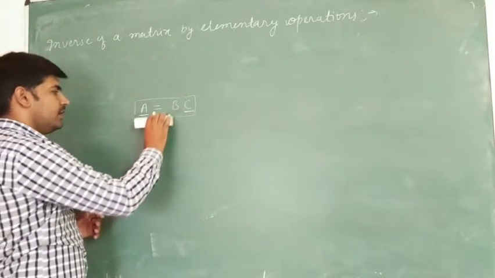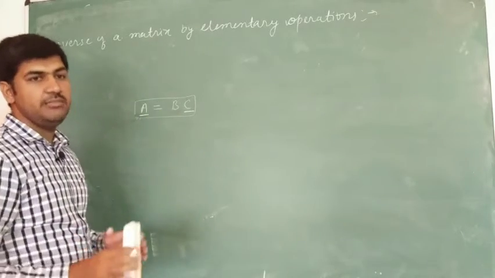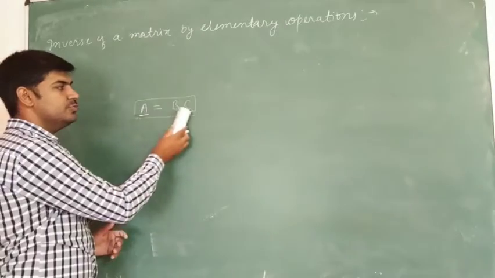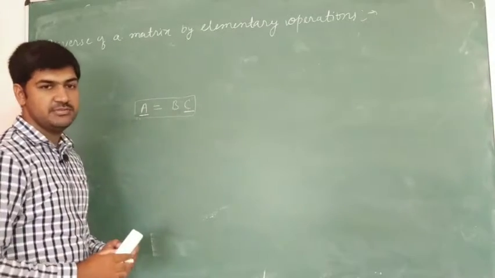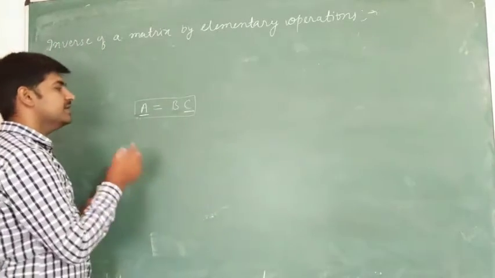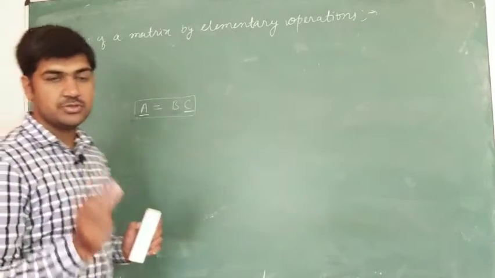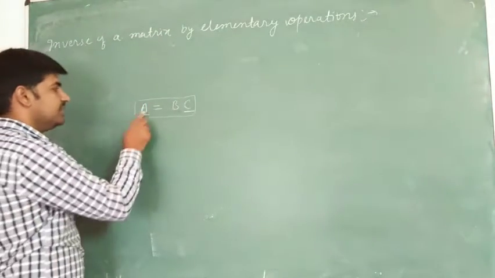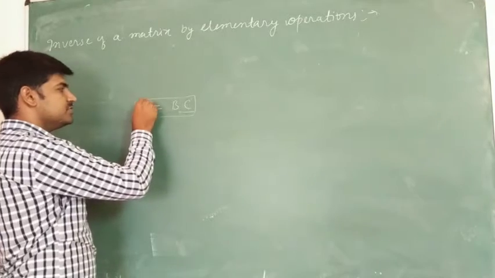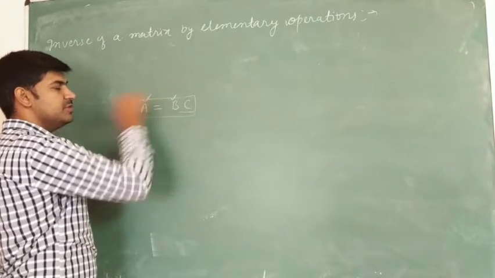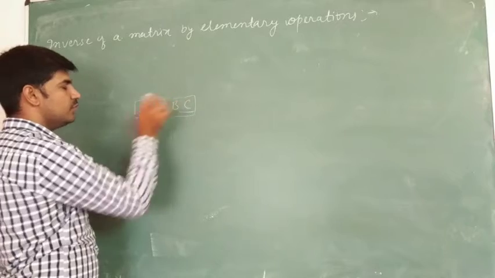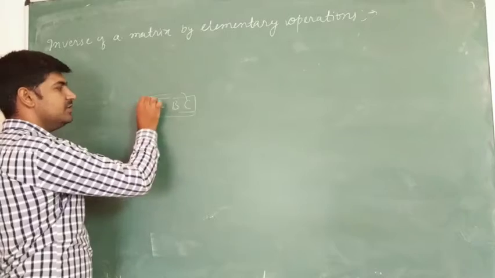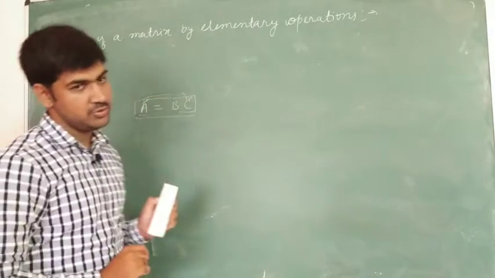For a matrix equation A is equal to BC, a series of row operations is applied on these two matrices, and a series of column operations on these two.